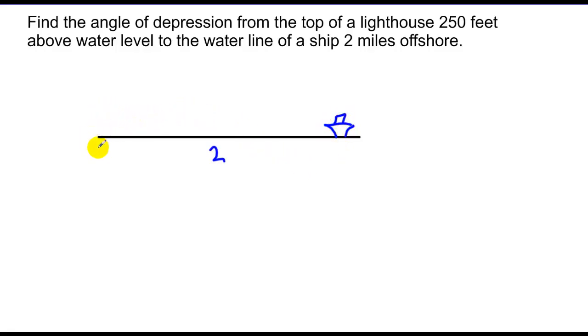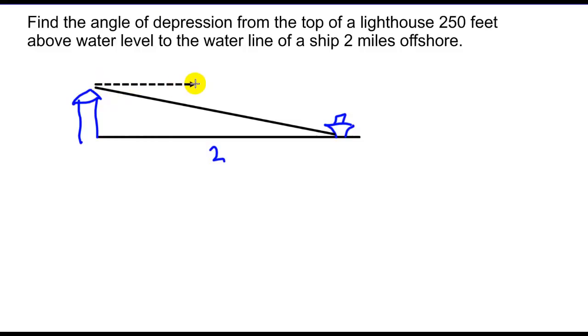And then you've got a lighthouse, and somebody looking down from that lighthouse to that ship, and he's making an angle of depression. So that's the straight line of sight. Our angle of depression is going to be here.